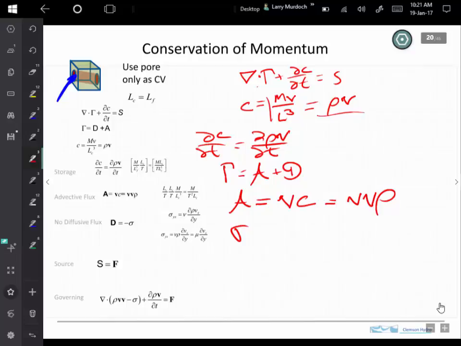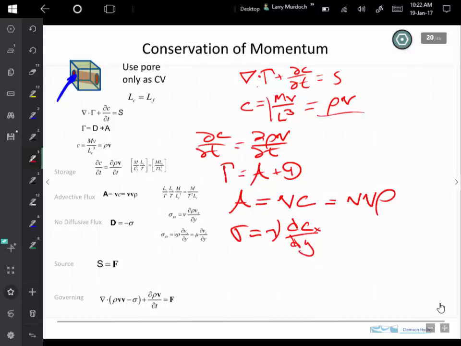So the diffusive flux is a gradient, and I'm going to do this in a particular way.